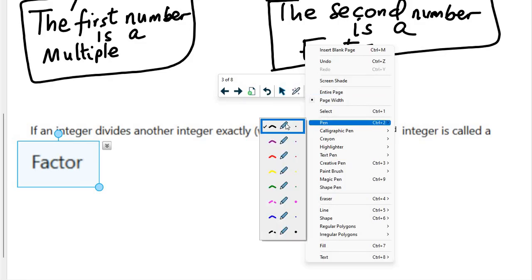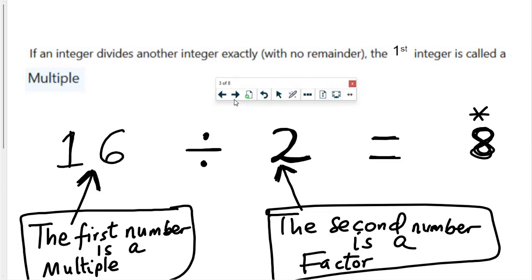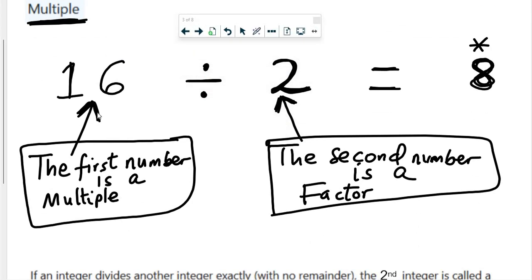So, to wind up, if an integer divides another integer exactly with no remainder, the second integer is called a factor. Likewise, the first integer is called a multiple. So, the first number here is a multiple and the second number here is a factor.